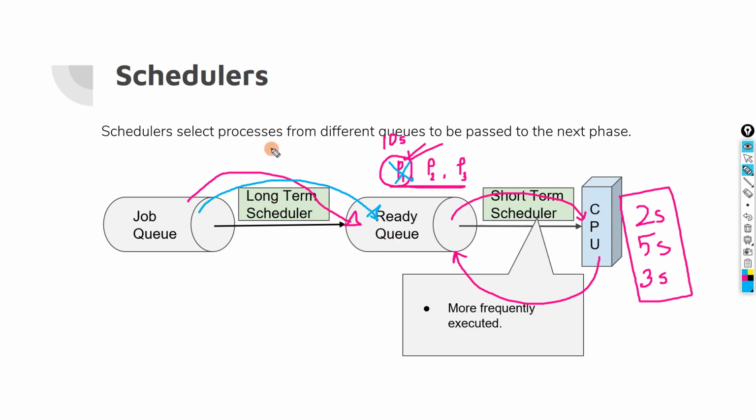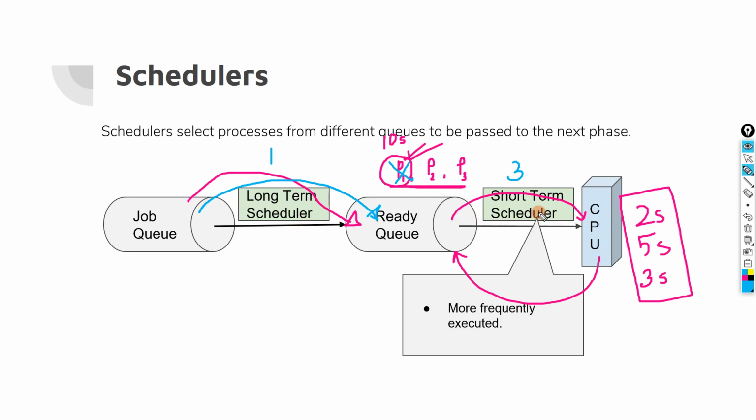I mean the long-term scheduler works one time. So now you can see the differences. The short-term scheduler executes more frequently. The task of this scheduler is very frequent, and the task of the long-term scheduler is comparatively less frequent than the short-term scheduler, right?